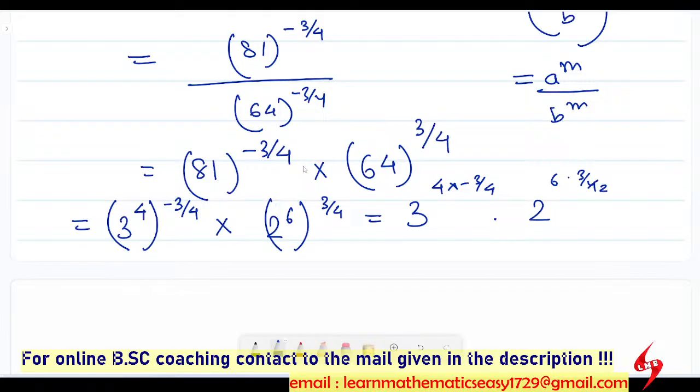This is my 2, this is my 3. Here 4 will be cancelled out, and that will be 3 to the power minus 3 into 2 to the power 9/2. So the number will be 2 to the power 9/2 by 2 to the power 3.